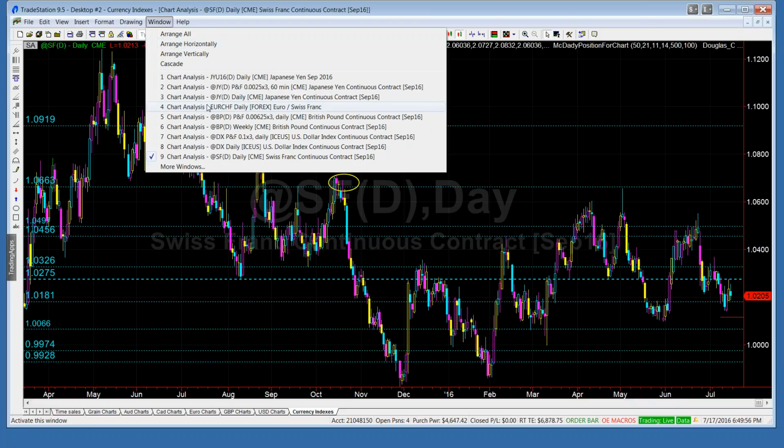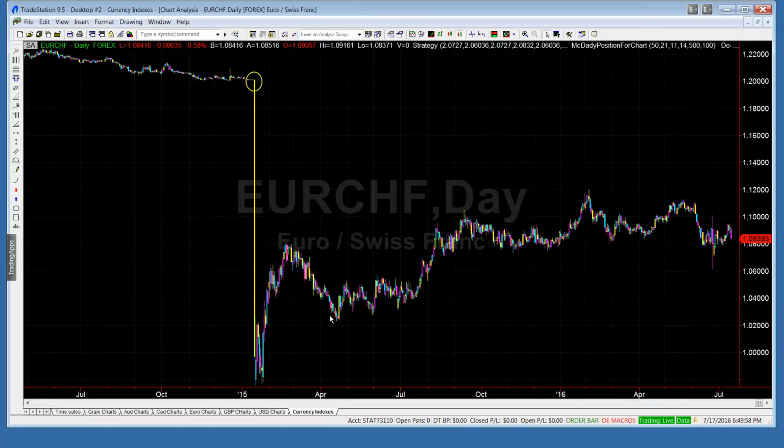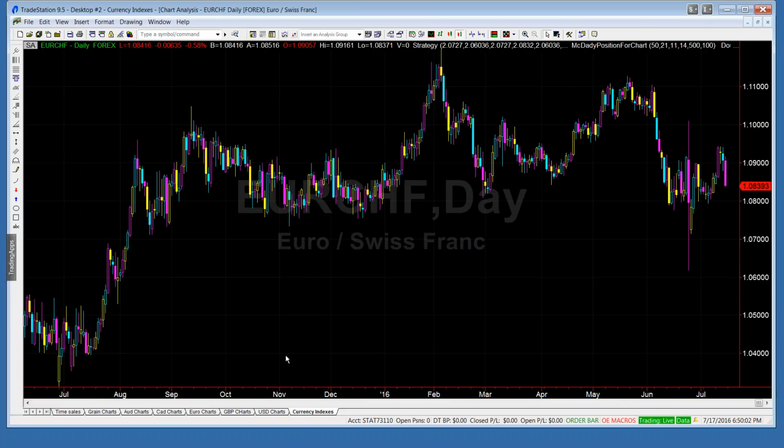And so you can see the Swiss National Bank. This is the Euro Swiss, and when this is happening, this means that the Swiss has been going up and the euro has been coming down. So again, they're pushing.